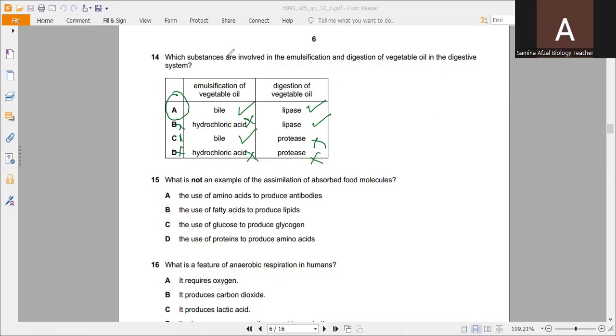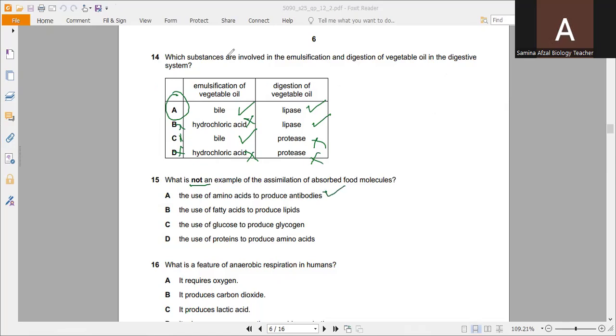Next question, what is not an example of the assimilation of absorbed food molecules? The word is not. The use of amino acids to produce antibodies. Antibodies are proteins which are made from the amino acids.